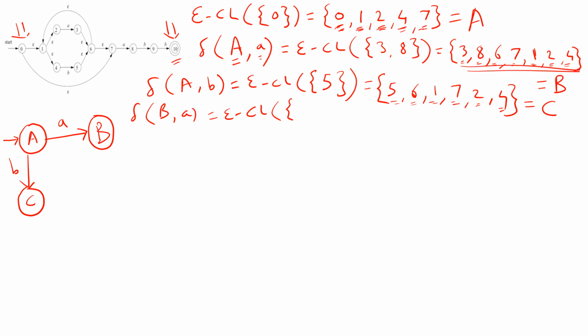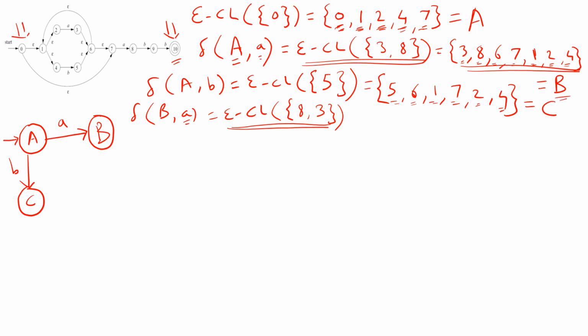This is in state B. And the input alphabet is A. So let's check that. 3A, no. 8A, no. 6A, no. 7A takes you to 8. 1A, no. 2A takes you to 3. 4A, nothing. Now you see, we have already calculated epsilon closure of 8, 3, which is over here.